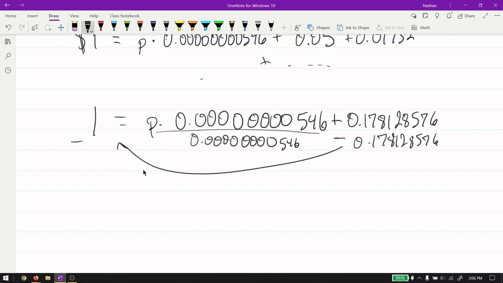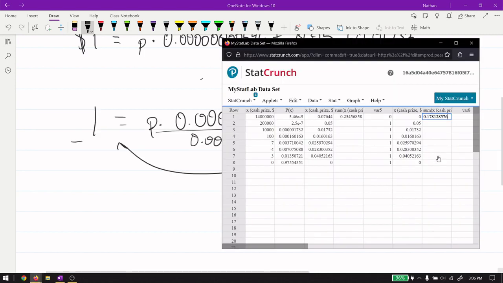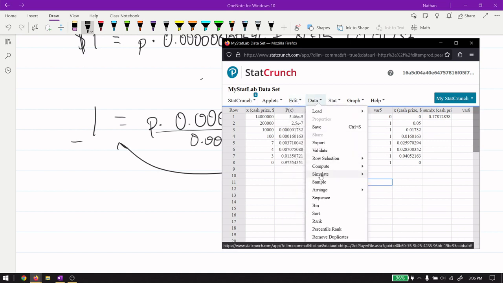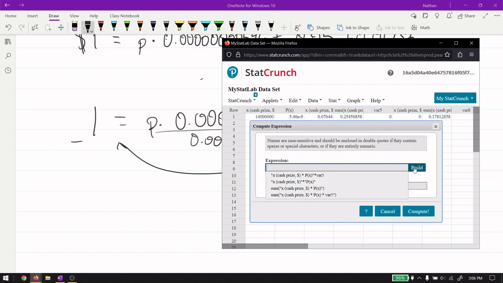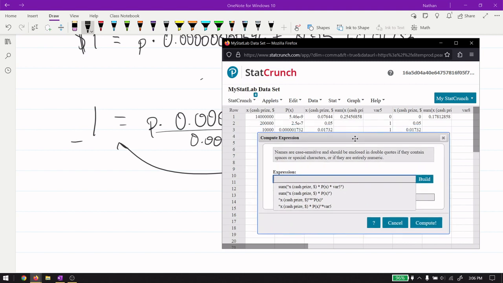So let's go ahead and do that. Once again, I can do this on StatCrunch if I wanted to. All I have to do is go data, compute, expression. We're going to do 1 minus this thing that we just found, 0.17812858.